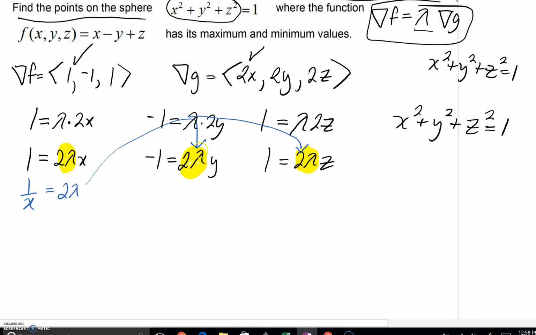I'm going to replace 2 lambda with 1 over x. Likewise, over here, I'm going to replace 2 lambda with 1 over x. And then I hope you can see I can very easily solve for y. And I can solve for z.